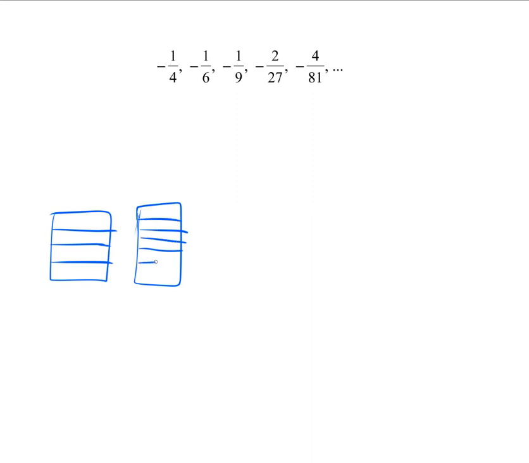Anyway, you get the idea. Basically 1, 2, 3, 4, 5, and 6. So to get from 1/4 to 1/6, it looks like I would have to add something, and we have to figure out what it is that we're adding.